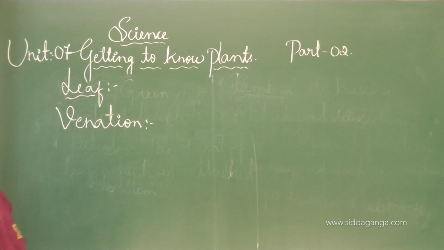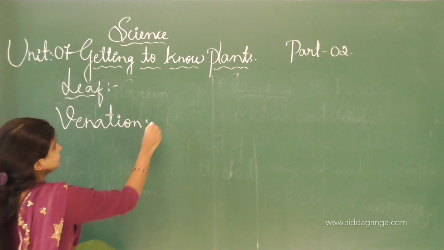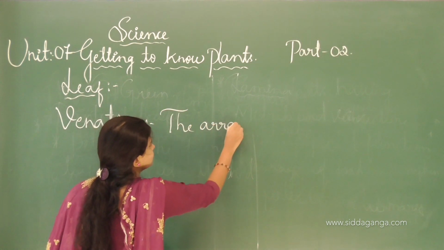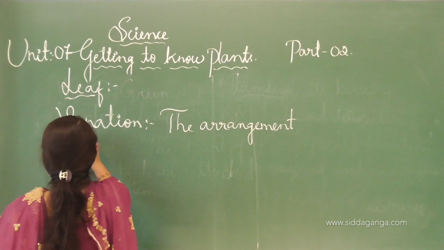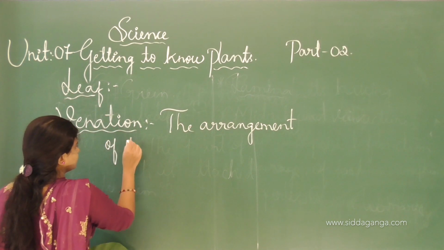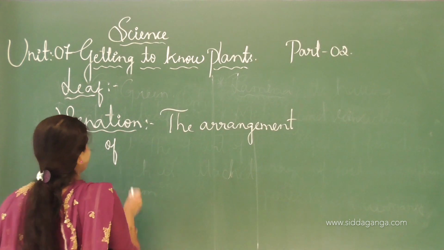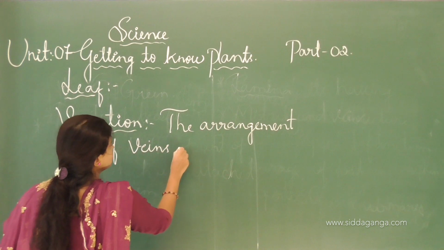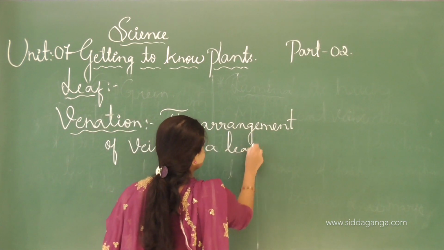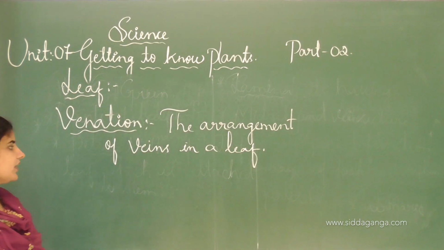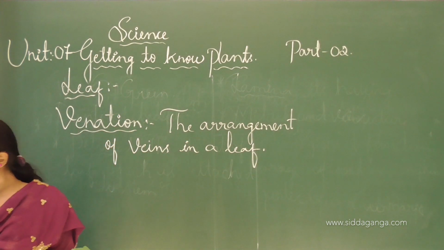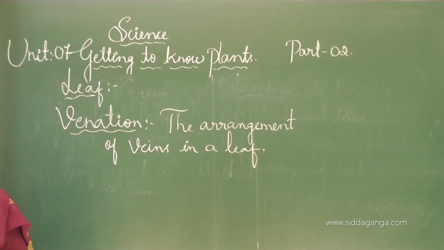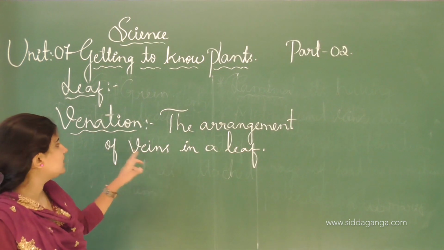Venation is nothing but the arrangement of veins in a leaf, or the design made in the leaf, having a network-like structure across the leaf, is also called venation.